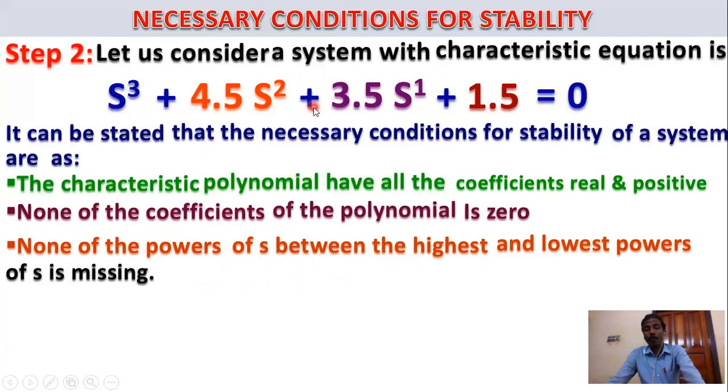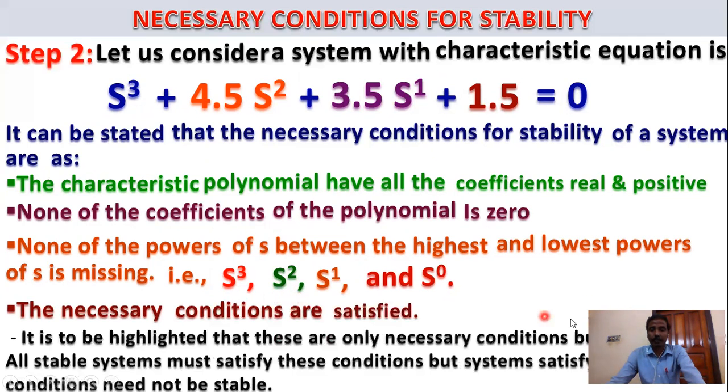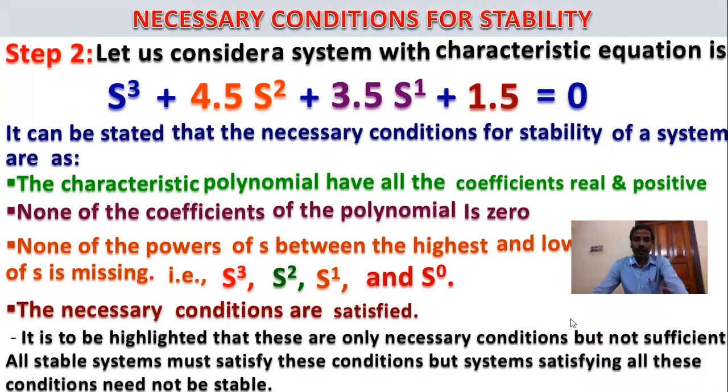In this polynomial equation, there is no missing power, because we have s cube, s square, s to the power 1, s to the power 0. So the necessary conditions are satisfied.